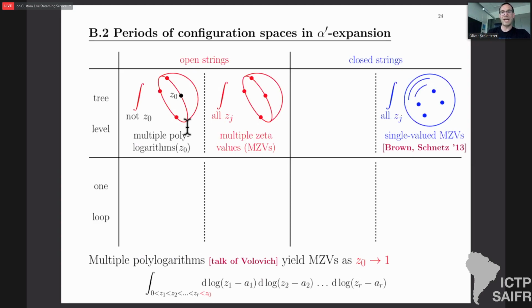Imagine you integrate out the punctures one by one, and you go on strike before you integrate out the last puncture z_0. So in this almost last step, you will have polylogarithms, say in open string tree level. And polylogarithms are notoriously multi-valued and have nasty monodromies as you go around the origin or z=1.